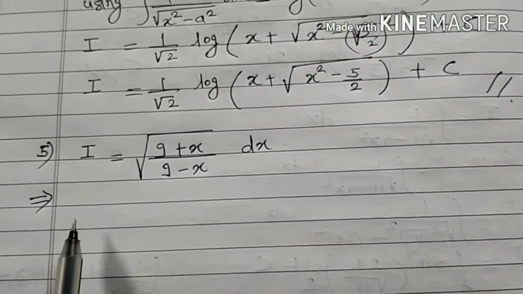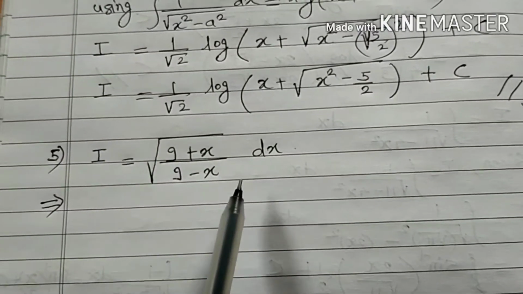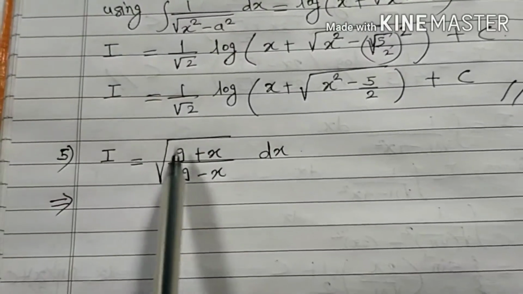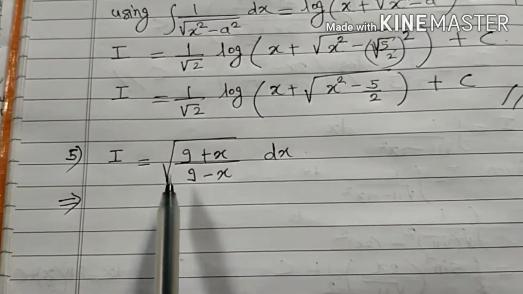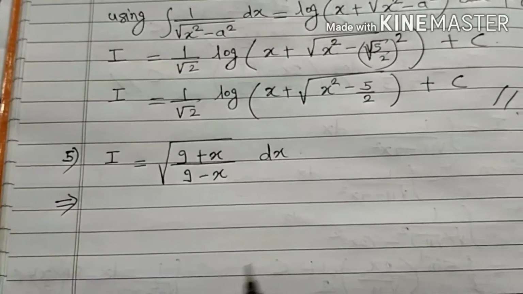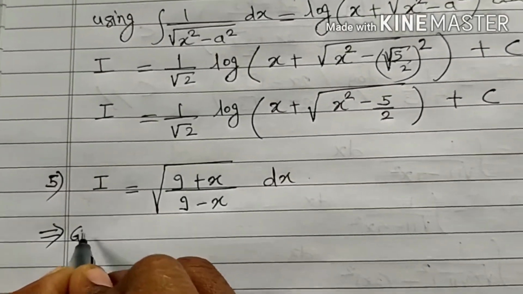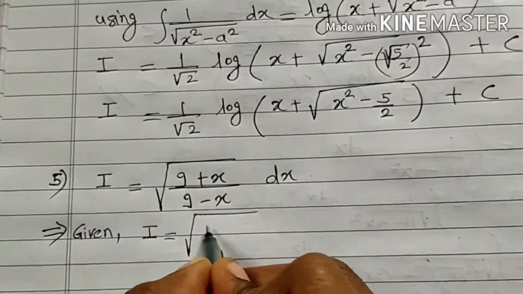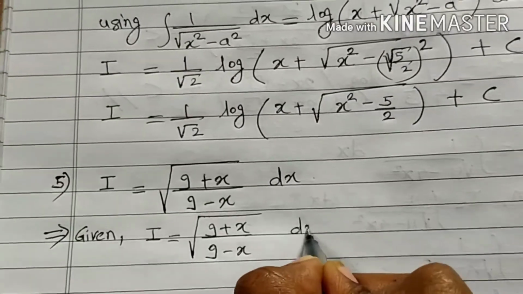Now next example is I is equal to integration of under root of 9 plus x upon 9 minus x dx. So student, remember there is no formula to solve it directly. First we have to simplify it and then use the formula or some special integrals. So first simplify. Before that write the given: I is equal to under root of 9 plus x upon 9 minus x dx.